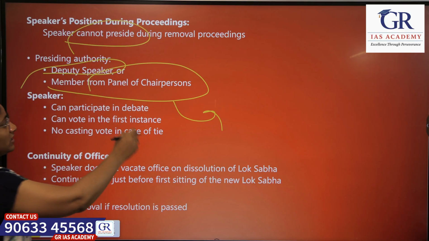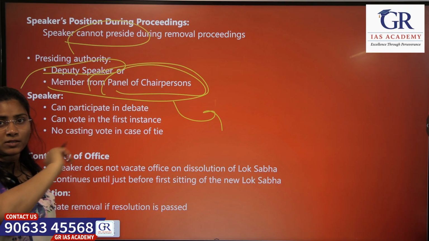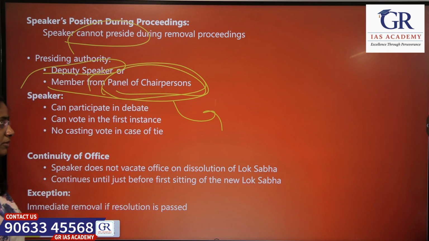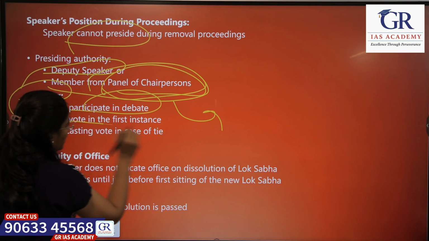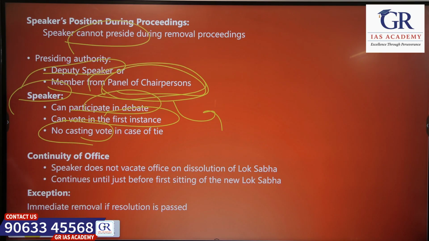If both are not present, then some member from the panel of chairpersons will take the position as Speaker and preside during these removal proceedings. The Speaker can participate in the debate. He can vote in the first instance, but he cannot vote in case of a tie. So he will not have a casting vote during the removal of his position.